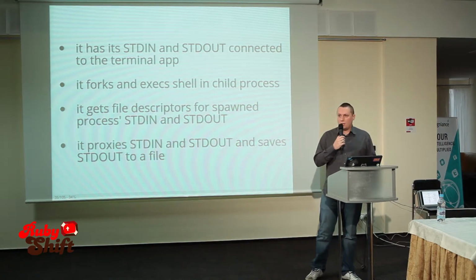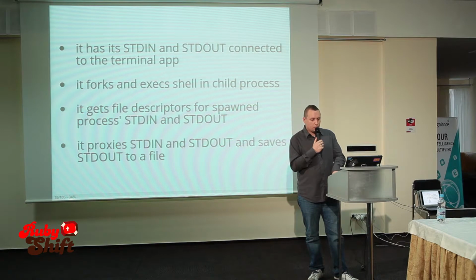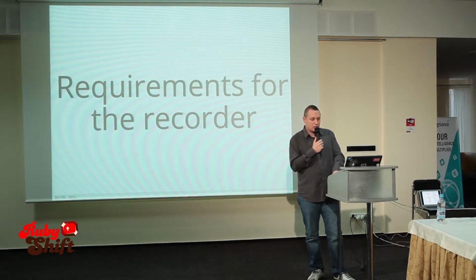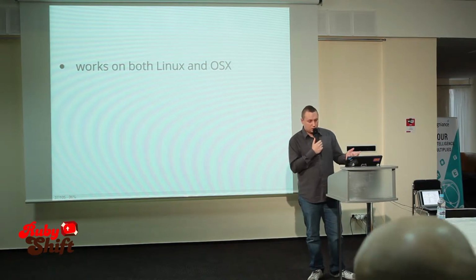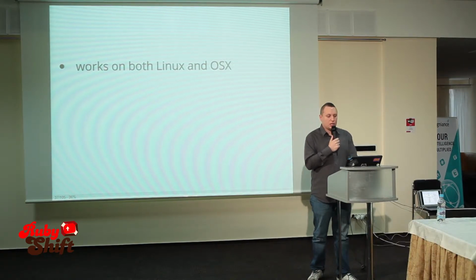So it looks like a simple task, and I set a list of requirements for the recorder. Like I said, it works on both Linux and OS X. It has minimum dependencies. I don't want people to install anything. I want them to just use it. And it has the simplest possible installation.